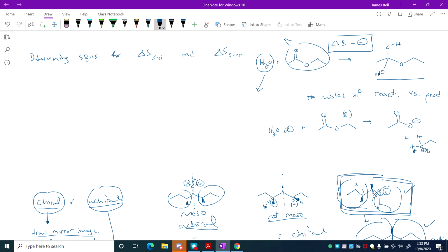And so maybe these two combine to make a solid. So if I have 2 moles of reactants and 2 moles of products, then I can't use this to determine which side has more entropy.